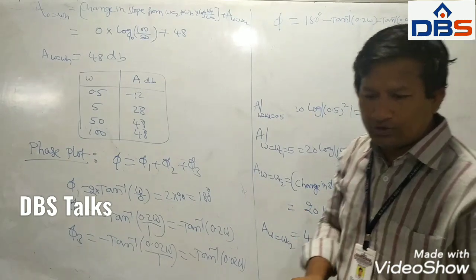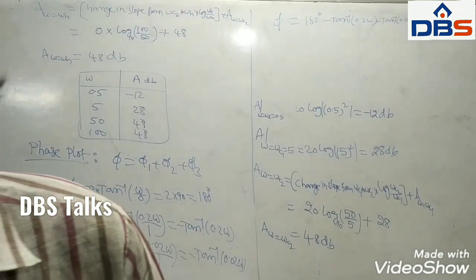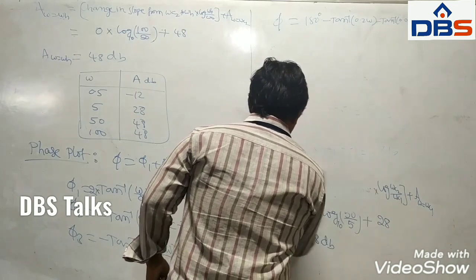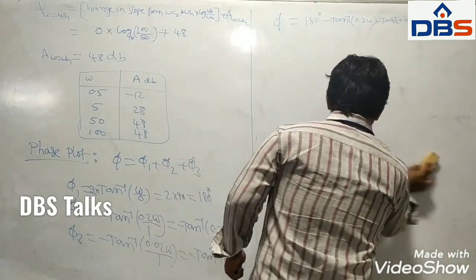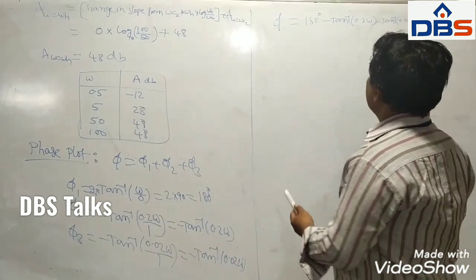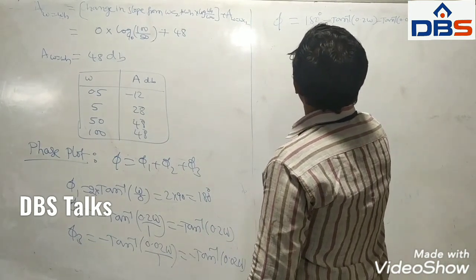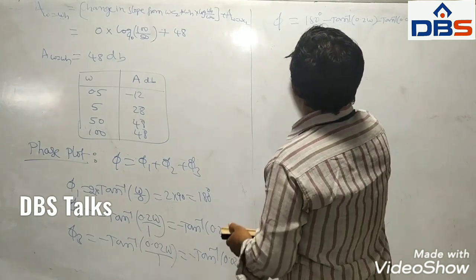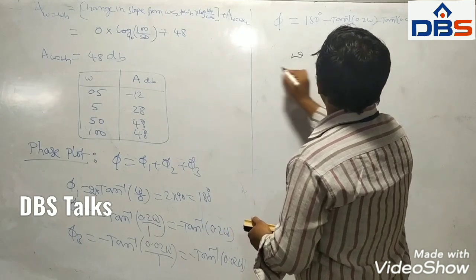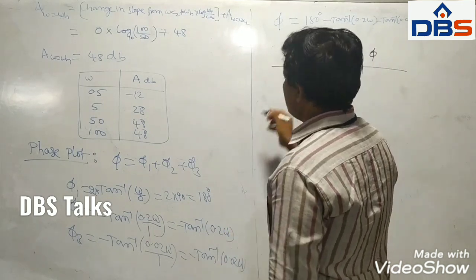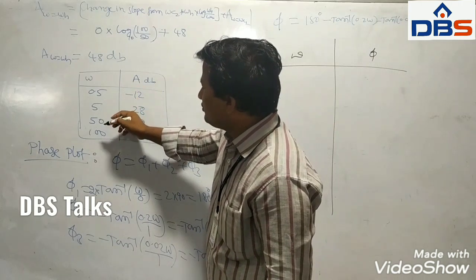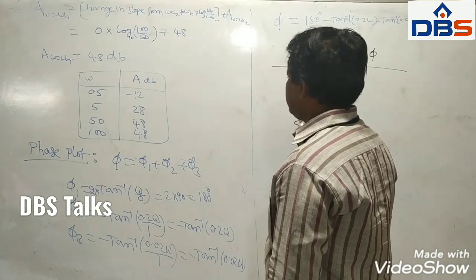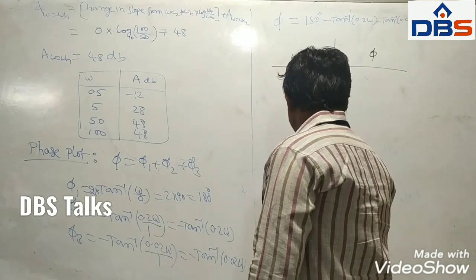Now substitute different values of omega. We are getting different phase angles. Take the table of omega and phi. These four values must be used to calculate the phi value: 0.5, 5, 50, 100.